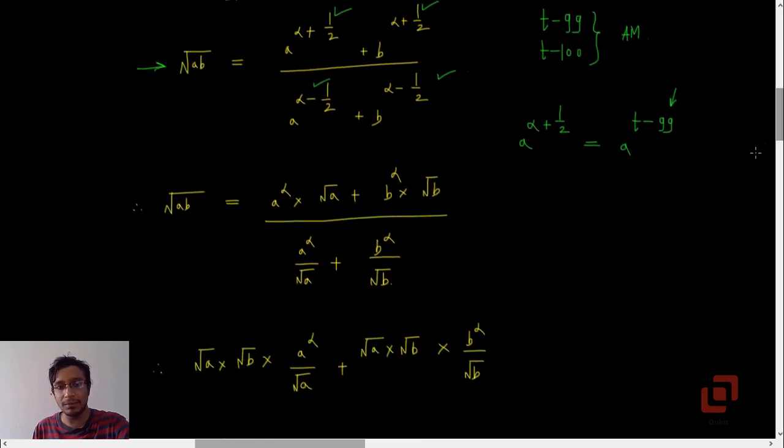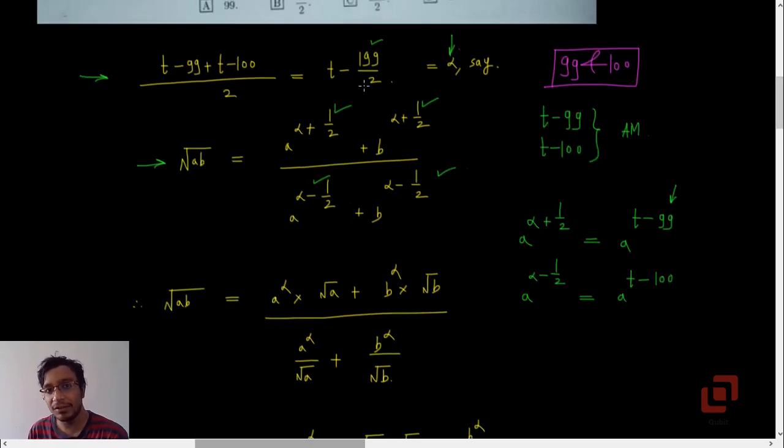Same thing with the power t minus 100. If we have alpha minus 1 upon 2, originally it is t minus 100. So having substituted t minus 199 upon 2 as alpha, to get that remaining power we must subtract half from negative 199 upon 2.